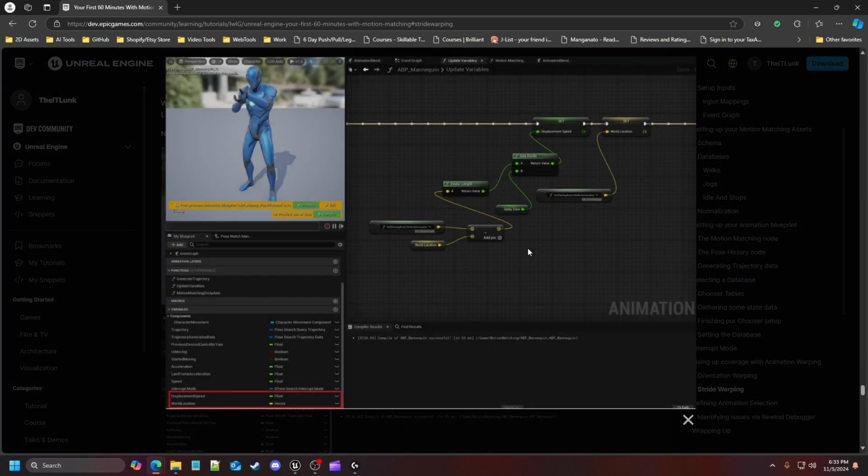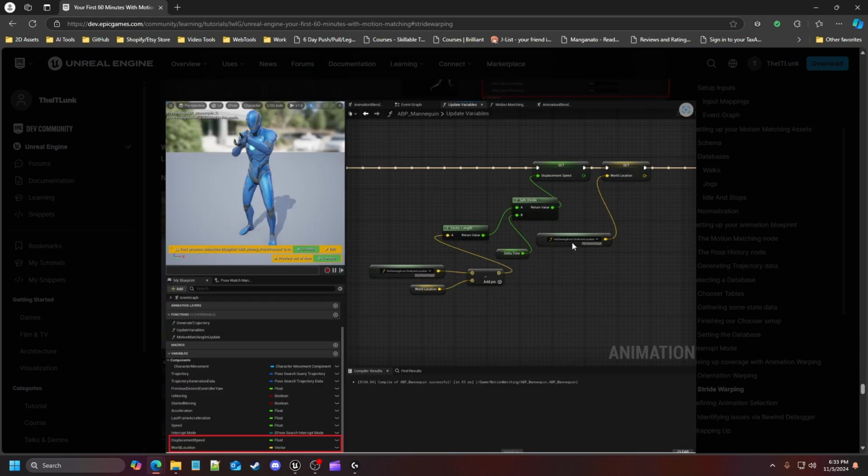We have the get owning actor location here, and they probably have something further down that gets the world location, but this doesn't really make much sense to me as to why they're doing it here, especially when you have a safe divide and they're dividing it by delta time.